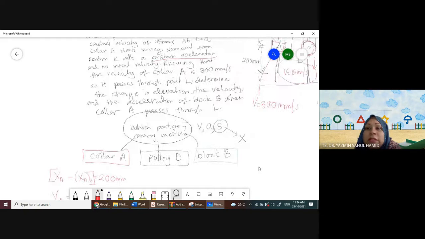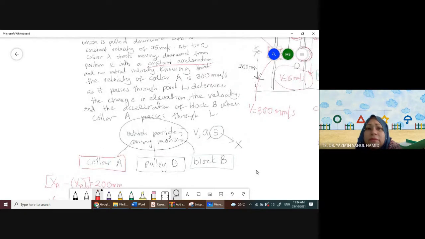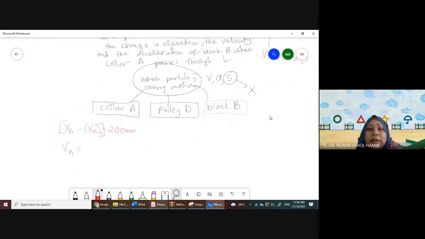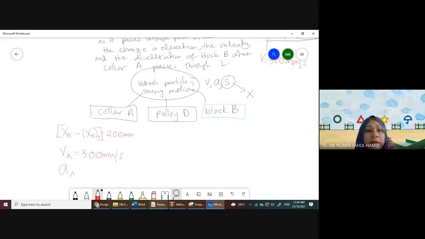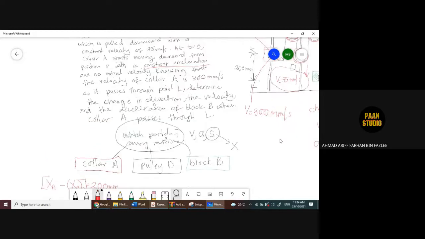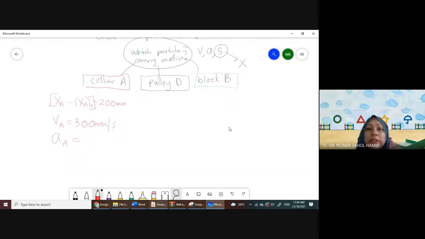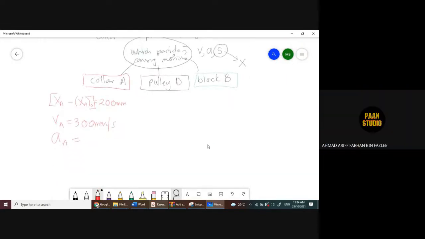Okay, now, do we have the velocity of A? Yes. What is it? 300 millimeter per second. Do you have the acceleration of A? Do you have or not?